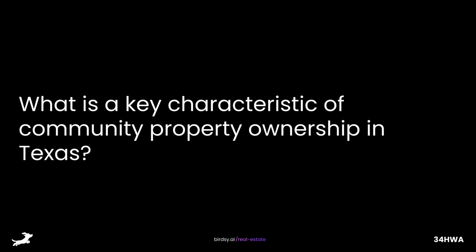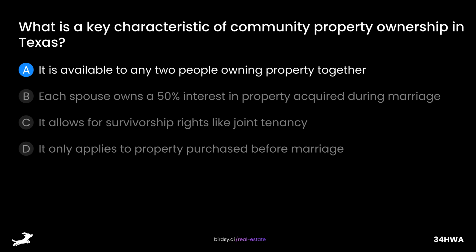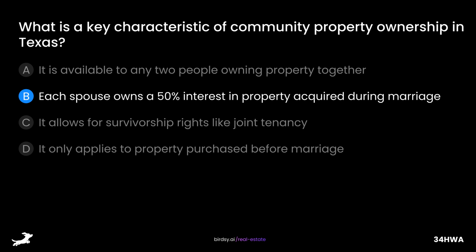What is a key characteristic of community property ownership in Texas? Is it A, it is available to any two people owning property together? B, each spouse owns a 50% interest in property acquired during marriage? C, it allows for survivorship rights, like joint tenancy?